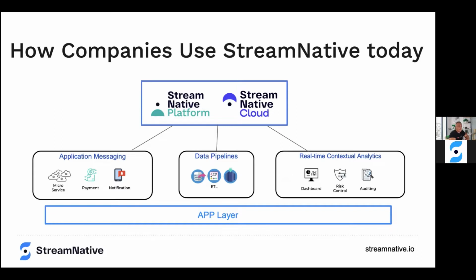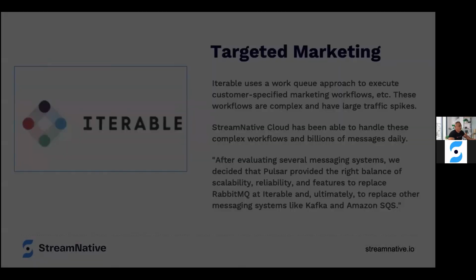Things like dashboarding and IoT use cases, risk control, fraud detection, auditing, cybersecurity use cases where you need to get the data and process it while it's still in the stream. So those are the various categories of use cases that StreamNative and Apache Pulsar broadly support.